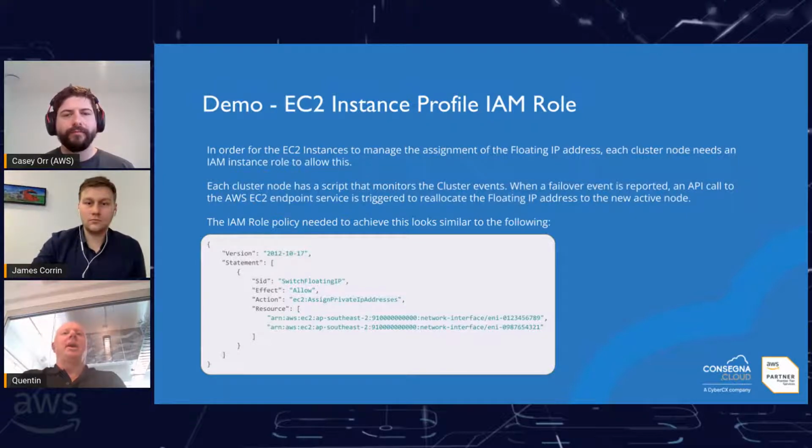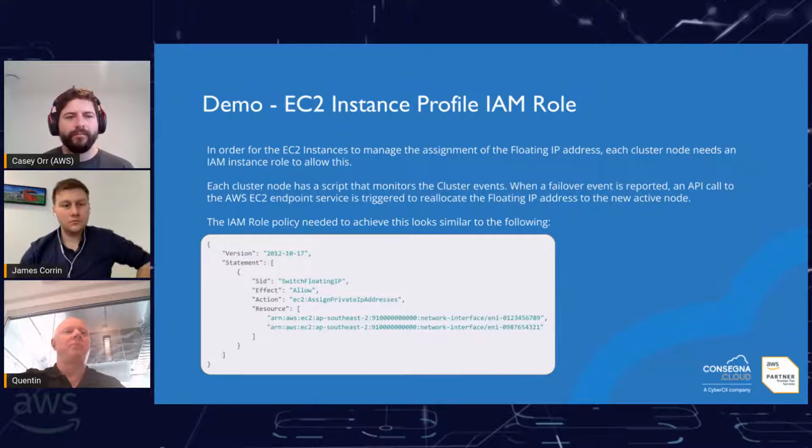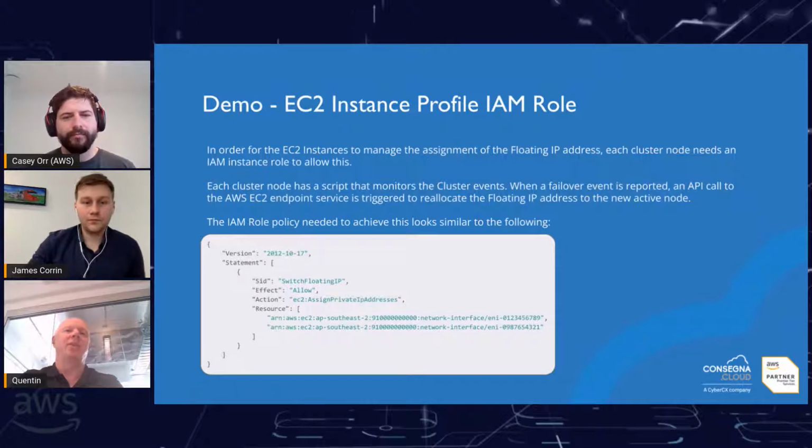Okay, next thing. To enable our two cluster nodes to talk back to AWS and request a change in IP address, so moving the IP addresses between the nodes, we needed to update our IAM role. We already had one attached to the instances, so we could use SSM, so the Fleet Manager, to RDP effectively onto these machines.